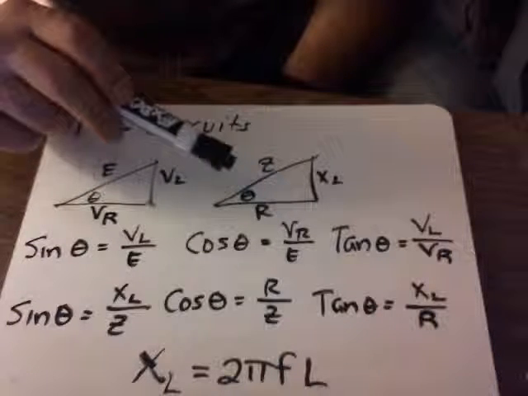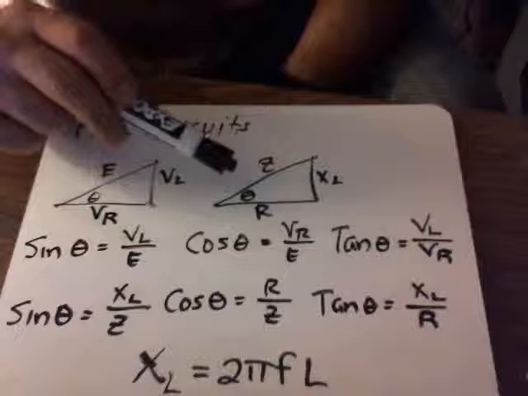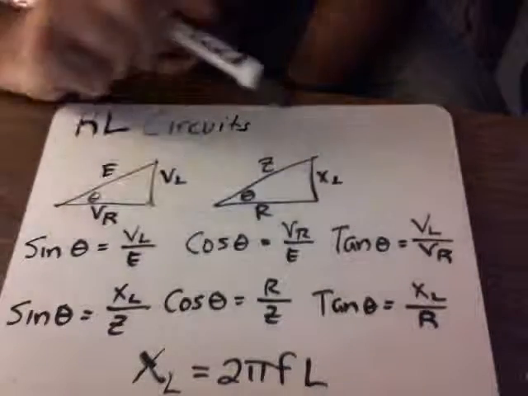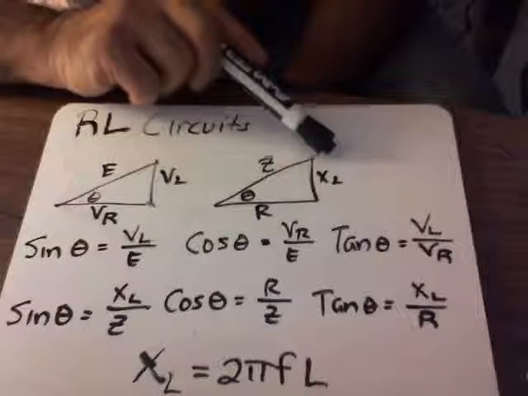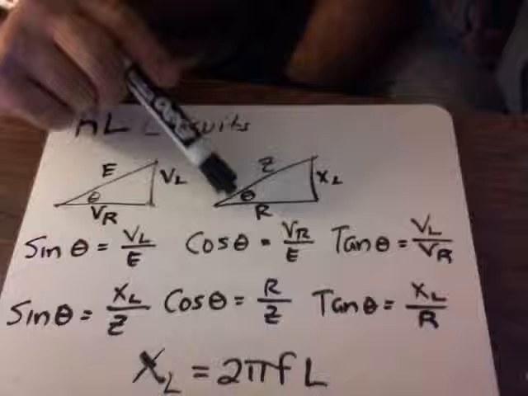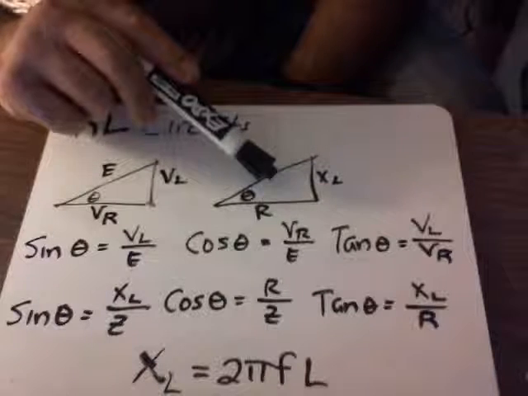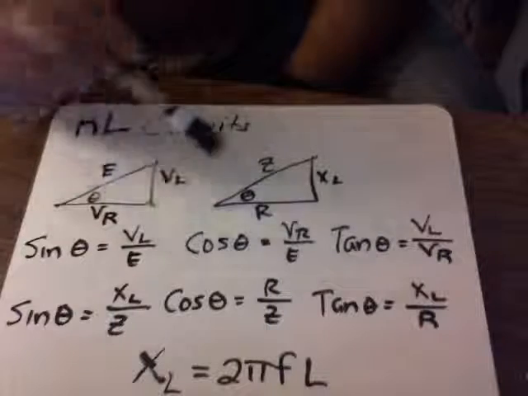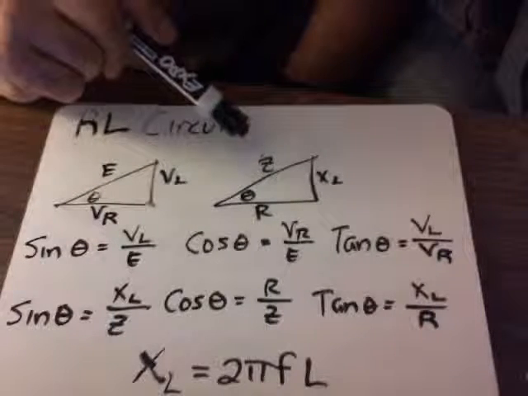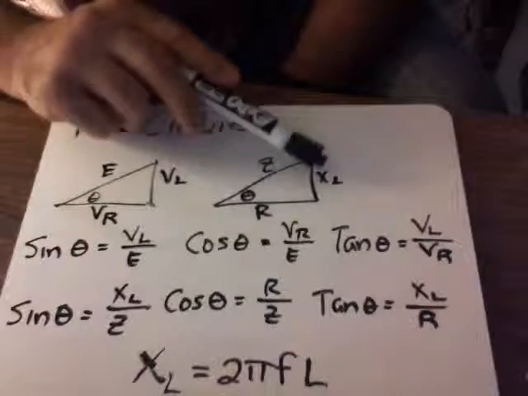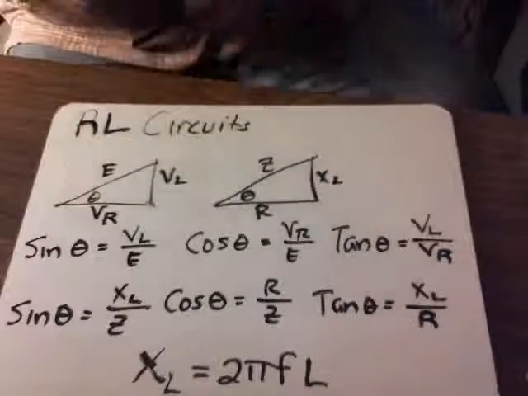It's just when you get that answer, the third measurement, make sure you keep that prefix with it. So in other words, if X sub L was 20K and R was 30K, then just use 20 and 30. And then when you're done, make sure that your answer in Z is in K ohms. Okay, so you don't have to worry about using the prefixes for the Pythagorean Theorem as long as both of them are the same prefix.